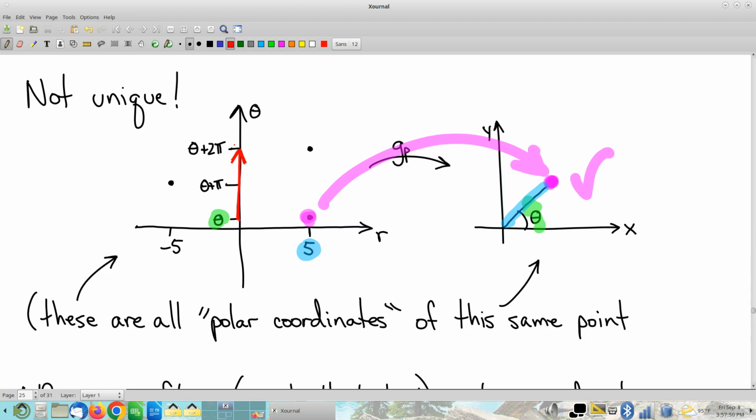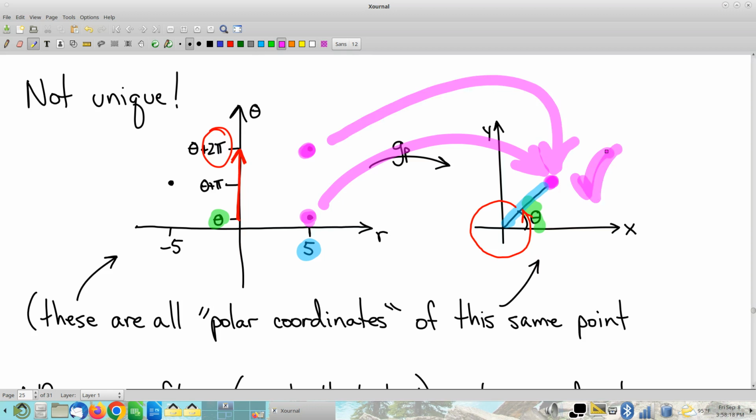If you're adding 2 pi to the angle, that means I'm going to take the direction I was in and go around an additional full turn, thus leaving me pointing in exactly the same direction. And so, keeping my r at 5 gives me a new set of polar coordinates that gives rise to exactly the same point in the xy plane. So this is one of those failures of uniqueness.